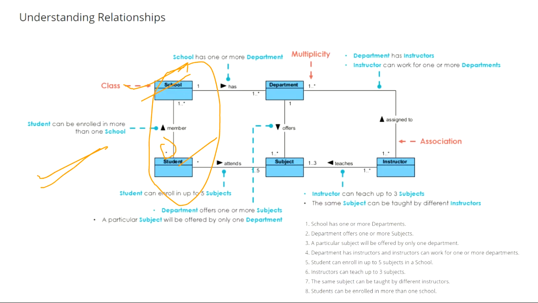This is 1..*. Students can be members of one or more than one schools, right? Or if you don't want to read this arrow, then you can also read it like school has more than one students. Okay. So any doubts, anyone, in the relationships part?